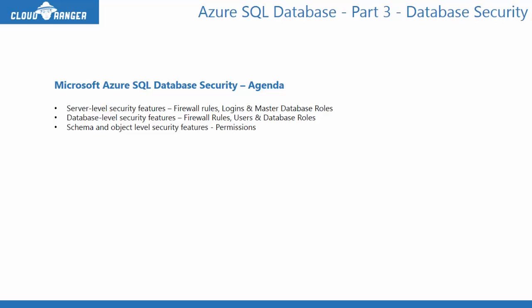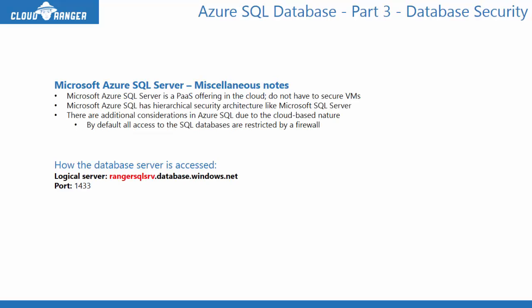Then we are going to get to the database level security features, like again, firewall rules, users, and database roles. And if we have time, and I'll try to squeeze that in, we'll talk about some of the schema and object level security features like permissions. So let's get started on the server level security features then.